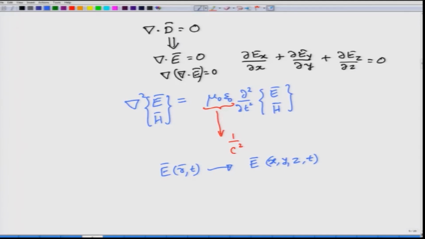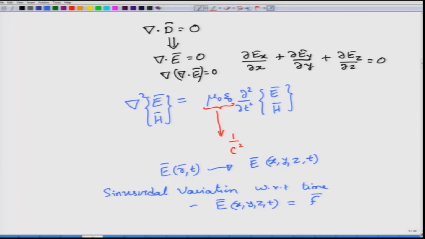Well, there are a couple of things that we need to consider. First, let us assume that instead of allowing for any arbitrary variation with respect to time, we have a sinusoidal variation with respect to time for all the field quantities, which means that the electric field as a function of x, y, z and time can be written as some function.